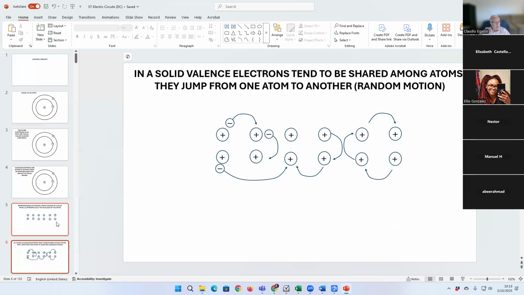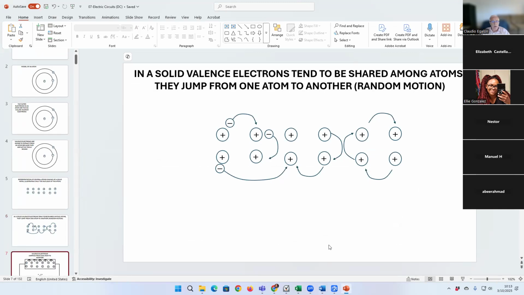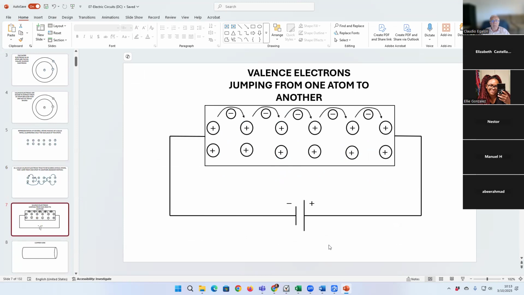Let's see, here you go. I have here my metal, right? Illustrated here. Now I got my metal bar and I connected it to a battery, okay? That's the symbol of a battery, very similar to the symbol of the capacitor.